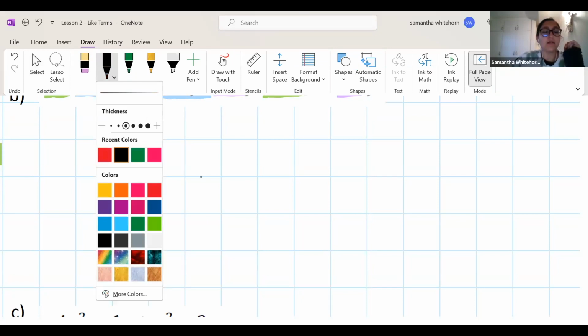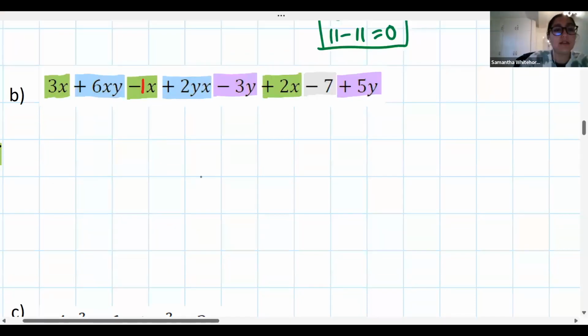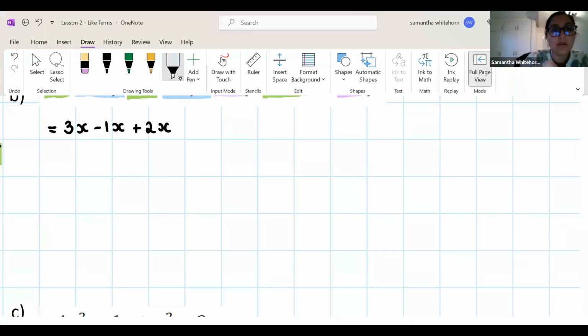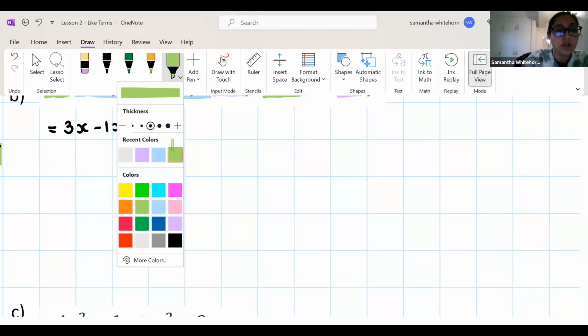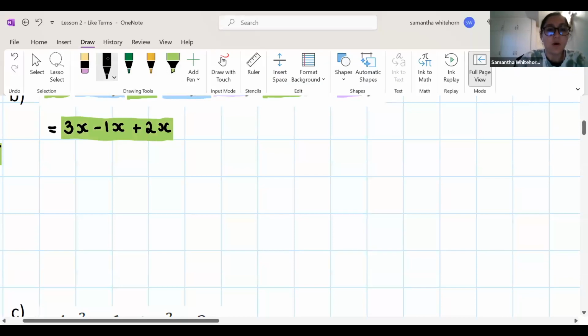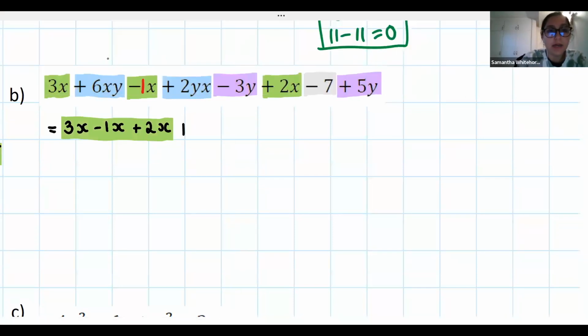So what we want to do now is group our terms together. If I group all of my x terms, I've got 3x minus 1x plus 2x. As a reminder, all of those are the terms that had x in them, so those are the green terms that we highlighted. Then we've got the xy terms, so plus 6xy plus 2xy.